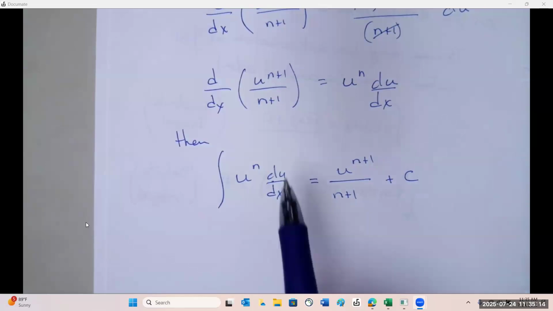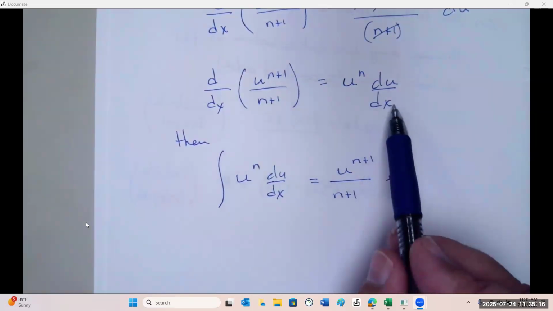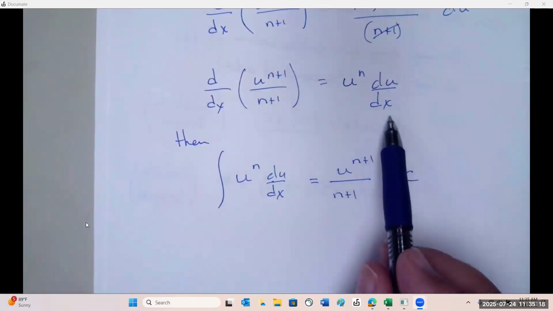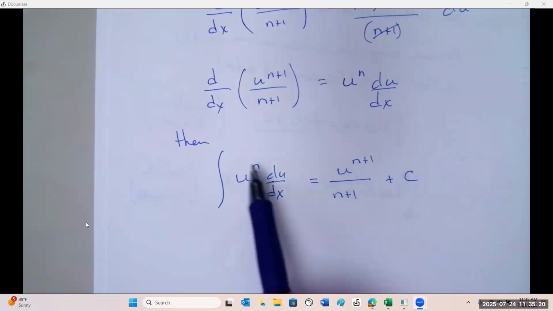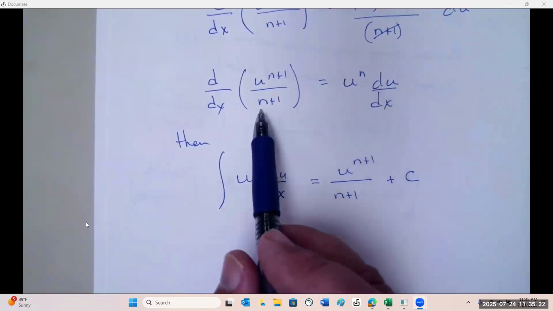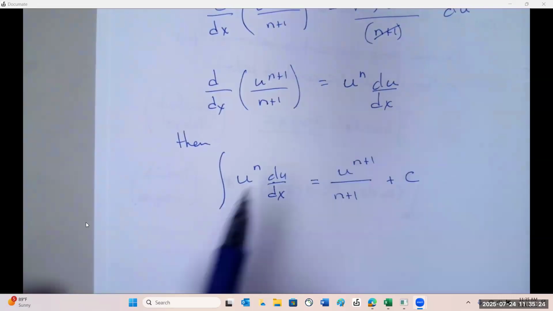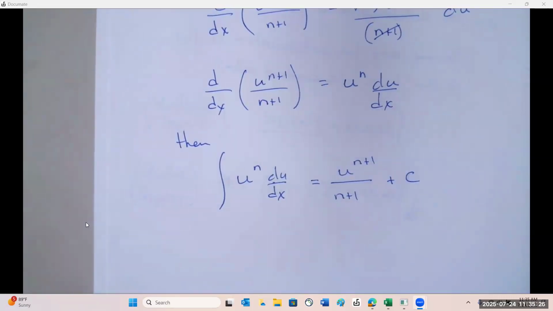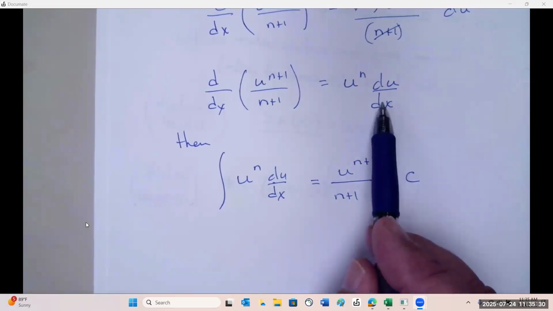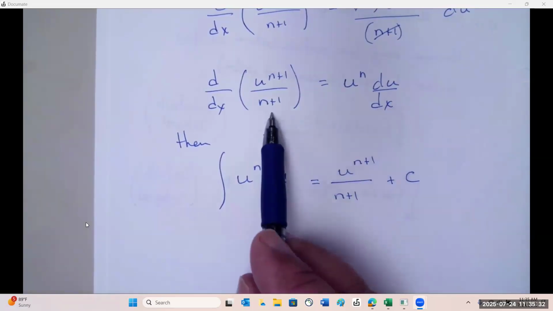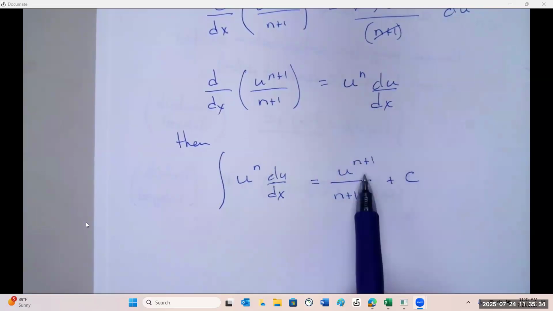We just finished talking about that. If that's your derivative, then the integral brings us back to the original function, because the integral is the backwards of a derivative. So if that's the derivative of this function, then the integral of that is the original function.